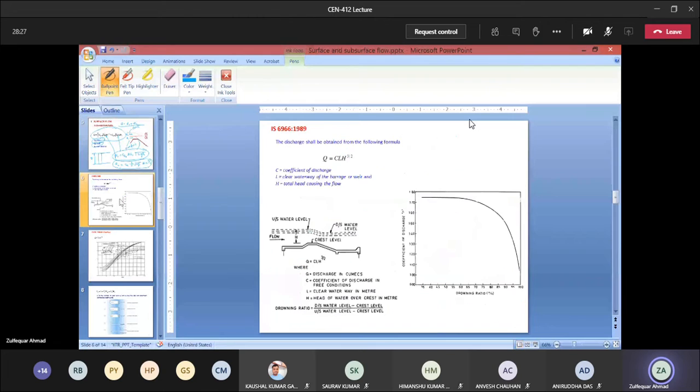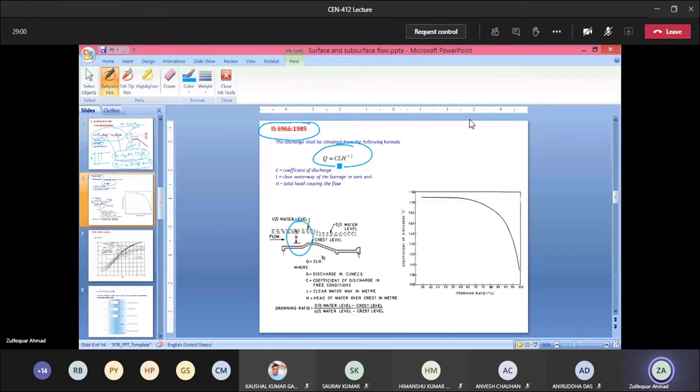Another equation that is given in the IS code 6966 of 1989. This is a very simple equation, right? Here the discharge is equal to C L H to the power 3 by 2. H is the head over the crest, and L is the clear waterway.